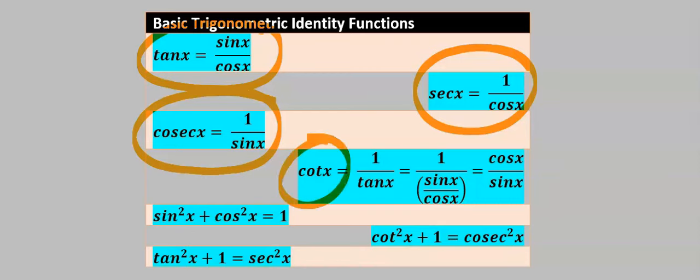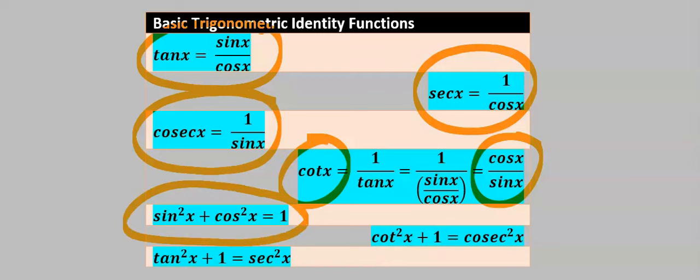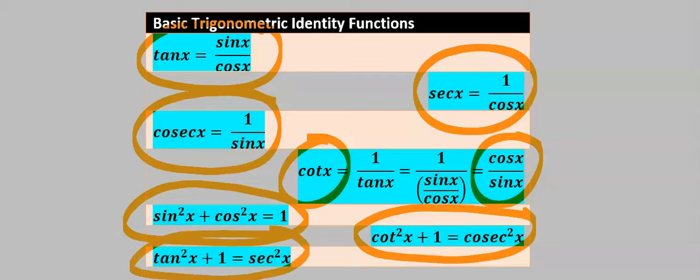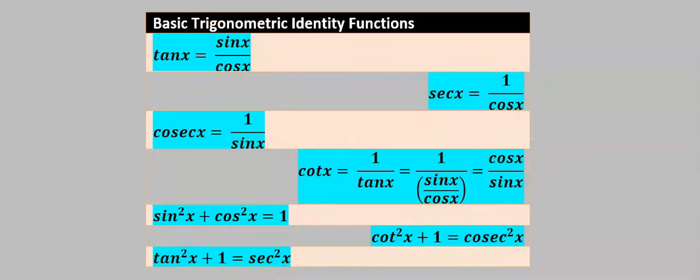Cot x is the same thing as cos x over sin x, and sin square x plus cos square x is 1. Likewise, cot square x plus 1 is cosec square x, and tan square x plus 1 is sec square x. The knowledge of this will save you a lot of pains when solving calculus and some mathematical problems.